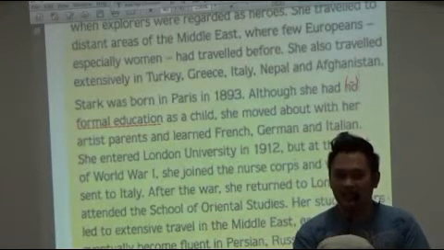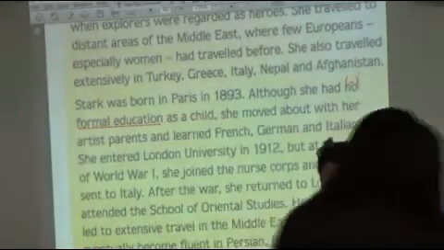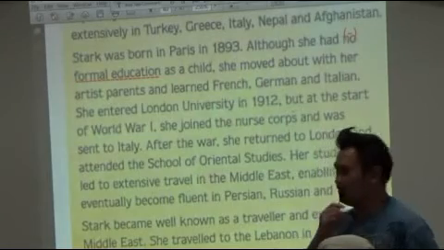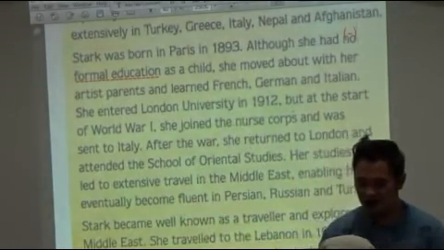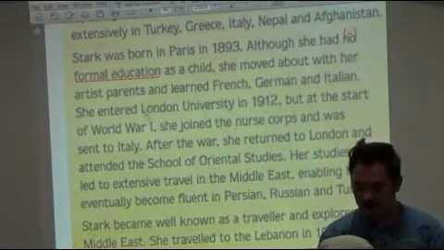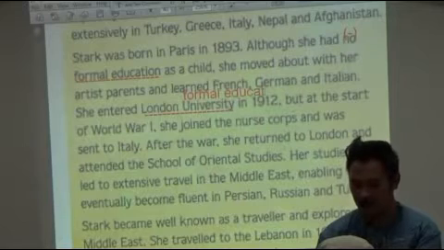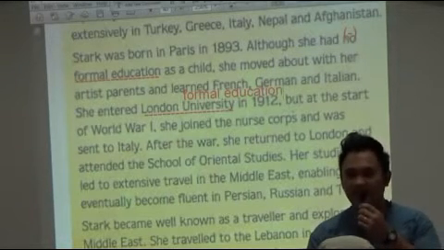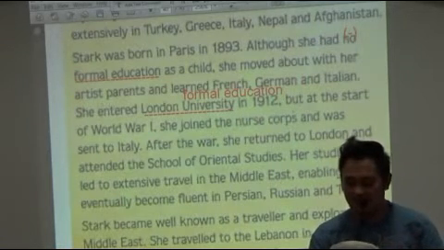Which word did you find meaning formal education? In the passage, did you find any word that means university? Good. Where is that? Here. She entered London University. Formal education. What about the word first? Everybody say first. Start. What's the paraphrase?